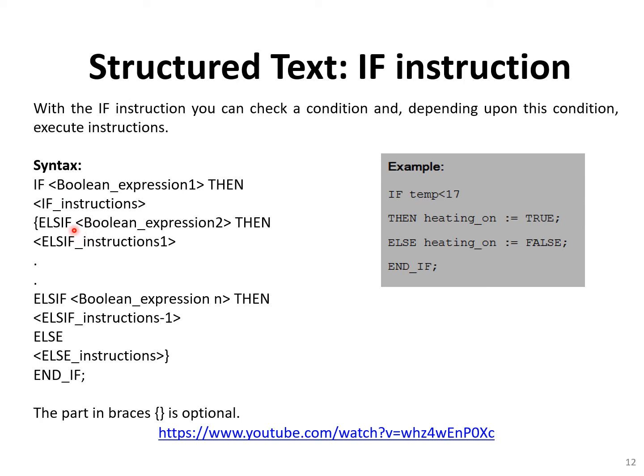ELSIF: once this one is not true, it will check the next one, Boolean expression 2. If it's true, then we go to that expression and execute it. It will continue until it reaches END_IF. Once the first one is true, it will skip the others.